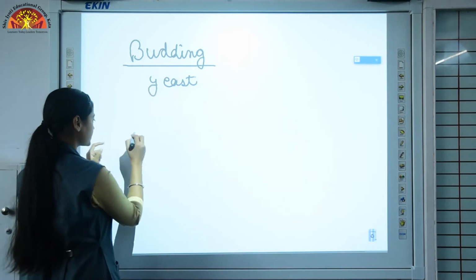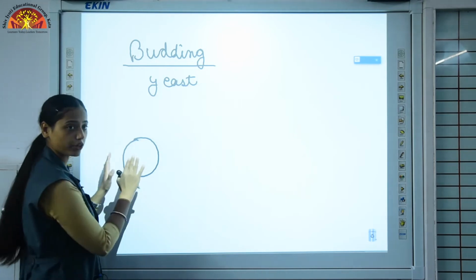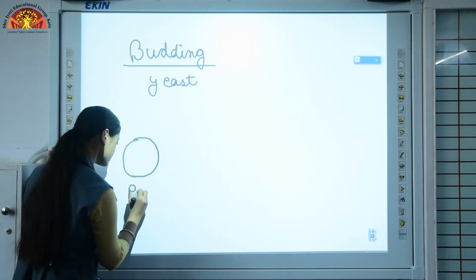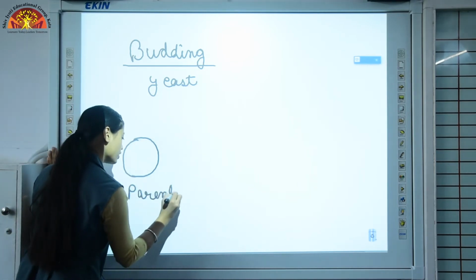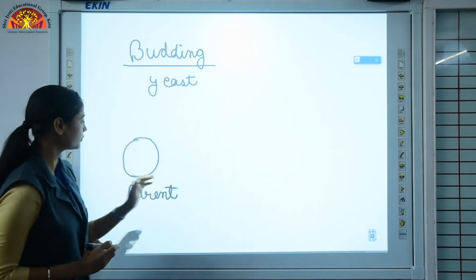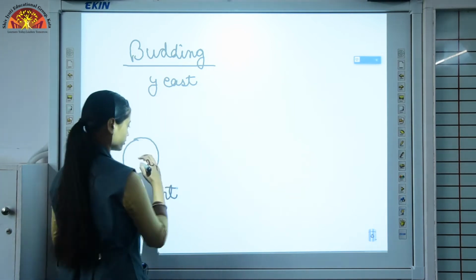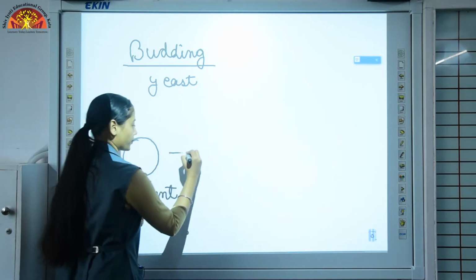Now in this what happens? Let's say this is yeast, this is the body of yeast, and this is the parent. And why are we calling it parent? Because it will give birth to a new individual. Now slowly what will happen to this yeast, to its body?